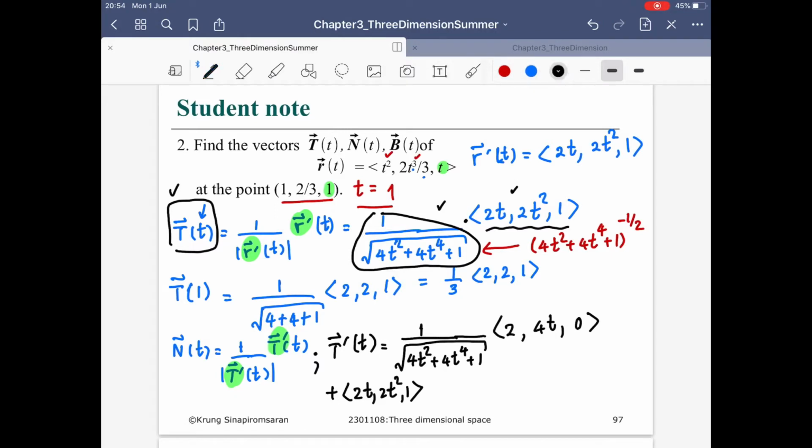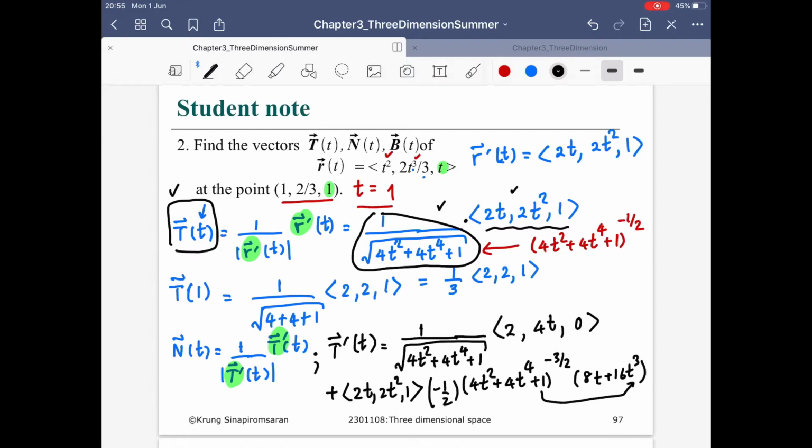So what you end up with is negative 1/2, and then 4t squared, 4t fourth, and 1 raised to the power negative 3 over 2. And then the derivative of the inside, which is 8t, 16t cubed, and 0. You see the last one, the derivative is 0.